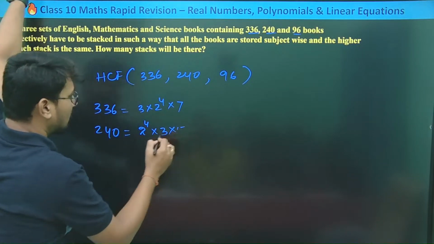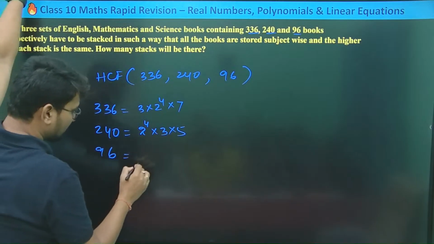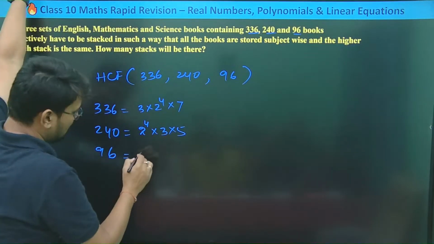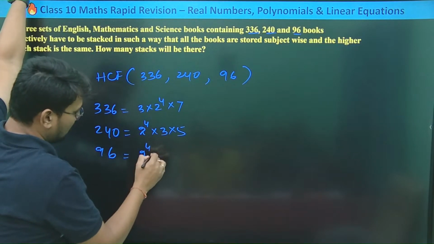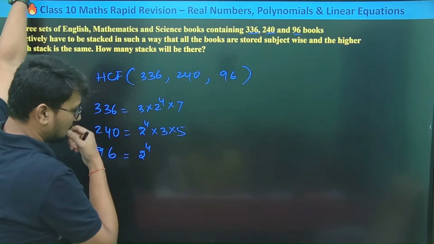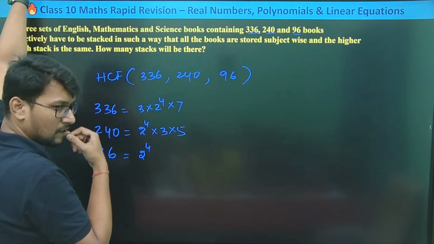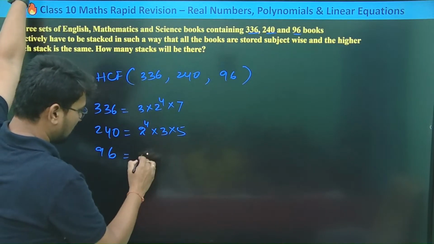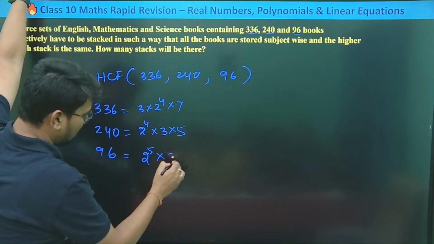Right? Here 96 is how much? 2 to the 4, 2 to the 5, I think. 2 to the 5 into 3, right? 2 to the power 5 into 3.